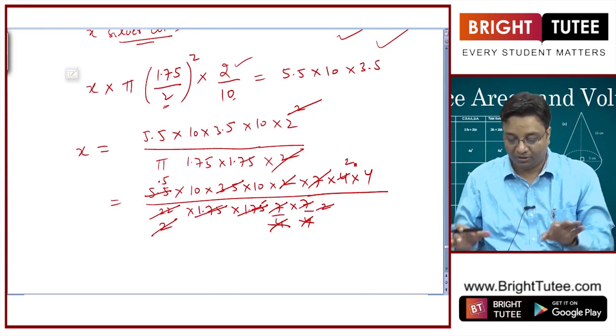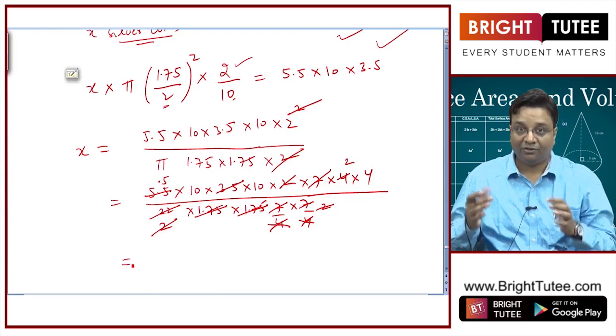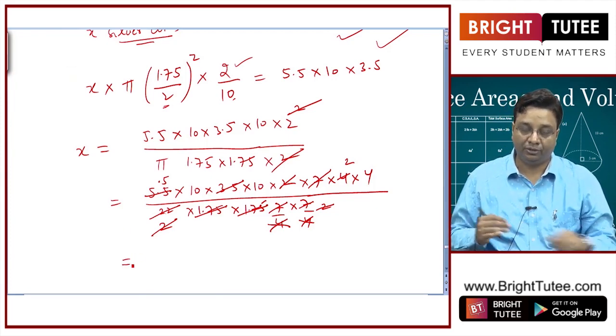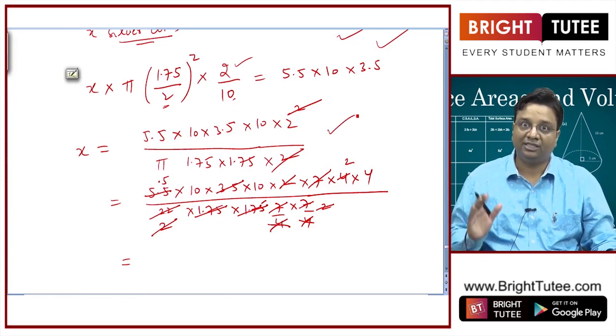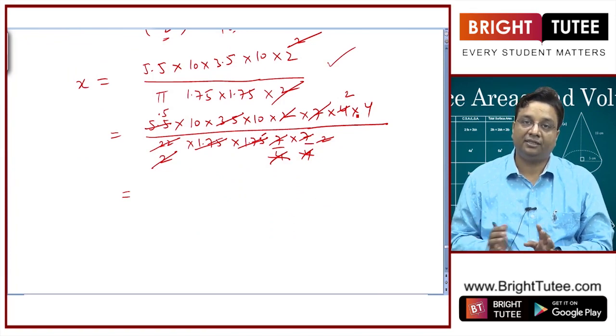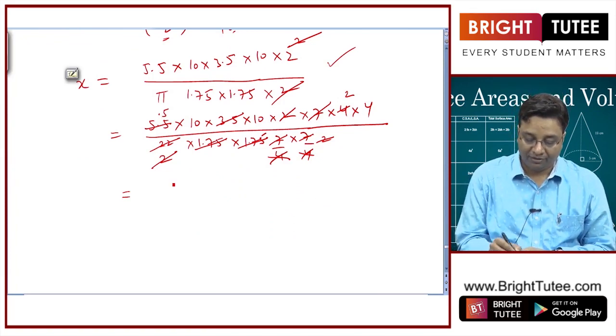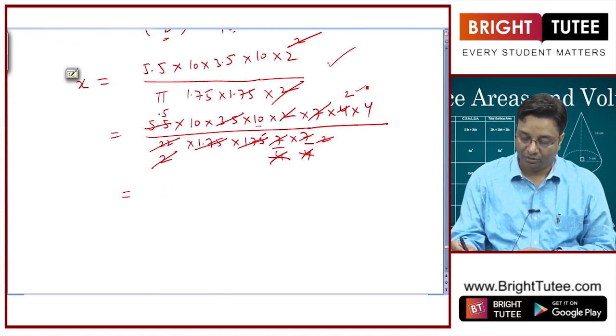I hope this is not getting messy. I hope you understand my intention here. I want to simplify the calculations for you. Otherwise, you are supposed to do these calculations yourself. So I am just suggesting some of the ways that can be used to do faster calculations. 0.5 into 10 is 5, 5 into 10 is 50, 50 into 2 is 100, 100 into 4 is 400.